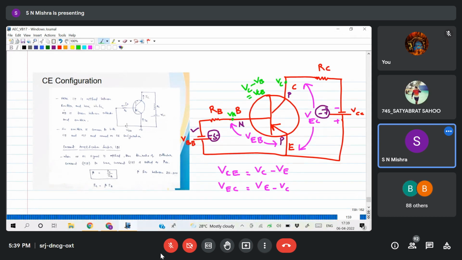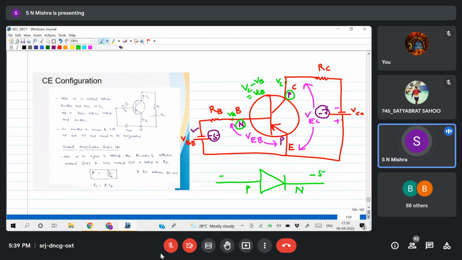Yes, sir. Let us take this diode. This is P, this is N. I want to reverse bias this one, so I am connecting here. What is connected to the N side? Minus 5.